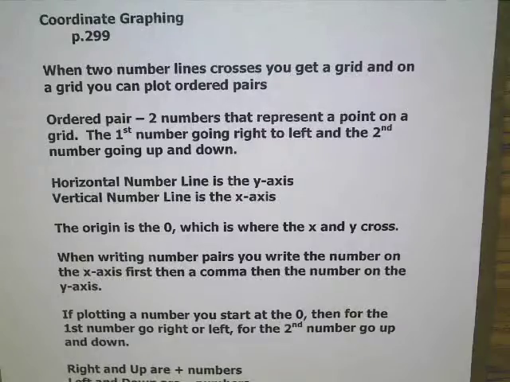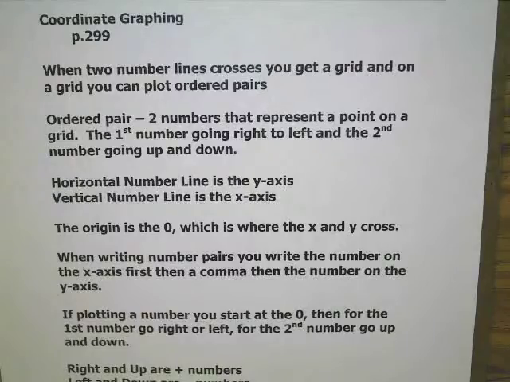The point where these two lines cross is called our origin. And what number is the origin? 0. Every time. Okay? So when you write ordered pairs, you write them with x, comma, y.